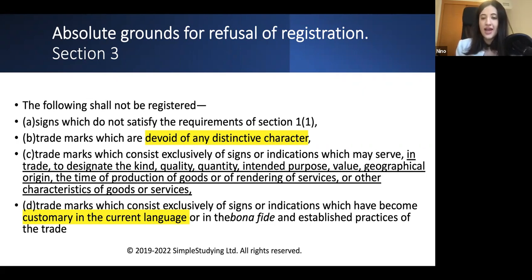And also it cannot be a sign or indication of something that has become customary in the current language. So the words that we usually use every day will be harder to register as a trademark, because it's hard to show the distinctive character of the word, the everyday language.